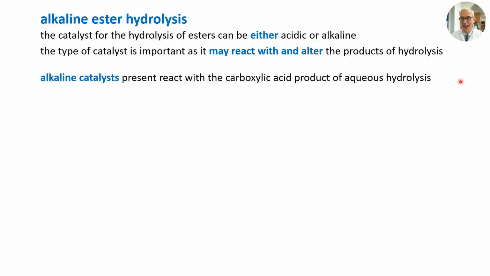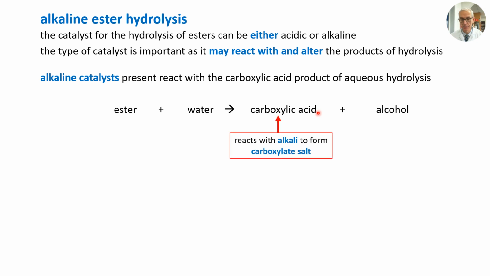For example, alkaline catalysts react with the carboxylic acid product of aqueous hydrolysis. So, if we have an ester and water forming a carboxylic acid and an alcohol, then the carboxylic acid would react with an alkaline catalyst to form, of course, a carboxylate salt. So, for instance, if it was ethanoic acid as the product, we would get sodium ethanoate as the final carboxylate salt.